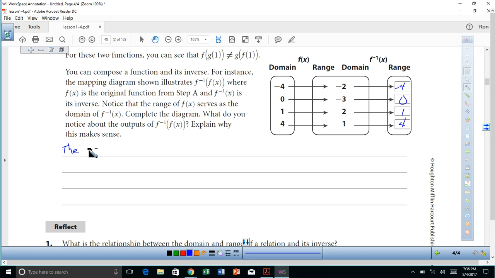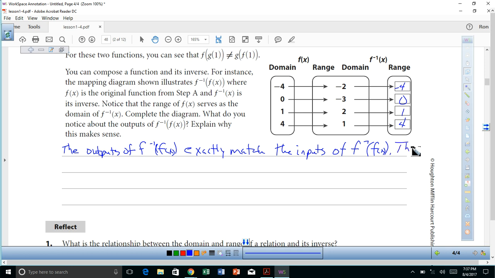The outputs of the inverse of f of x exactly match the inputs of f of x.